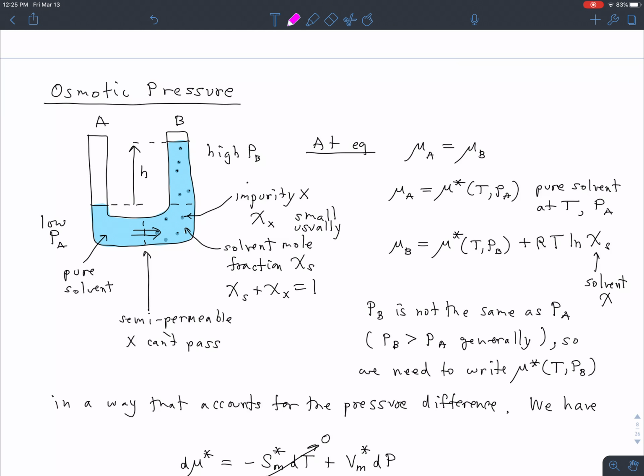The key part of the whole of an osmotic situation where osmotic pressure is relevant is a semi-permeable membrane. Semi-permeable means that some things can pass the membrane, so usually the solvent, and usually the solvent is water.